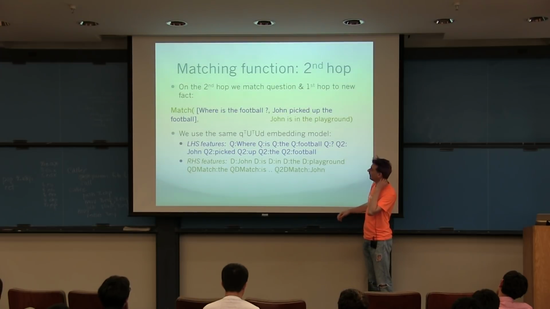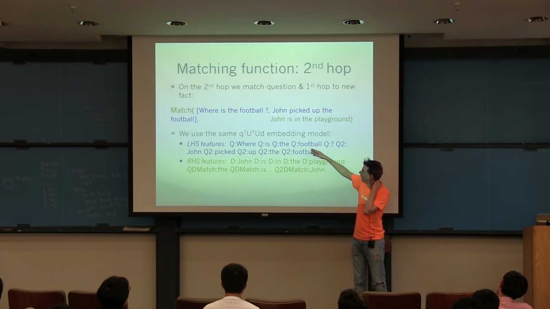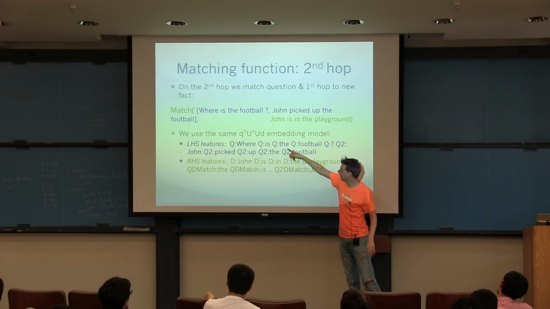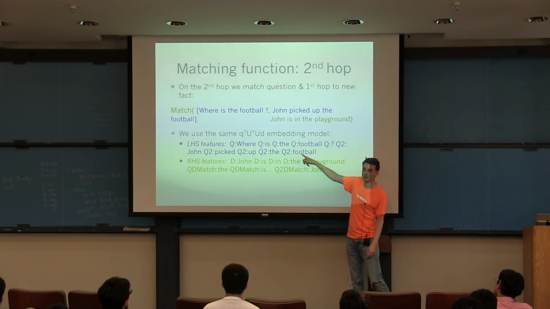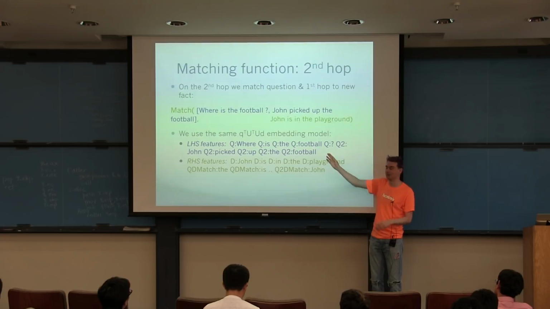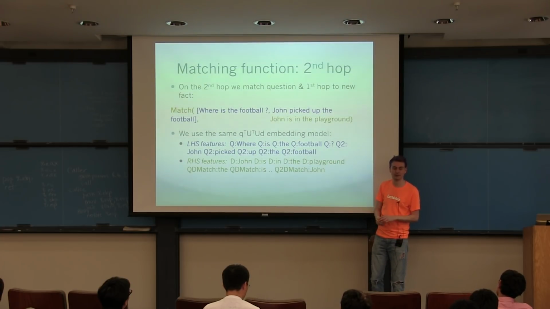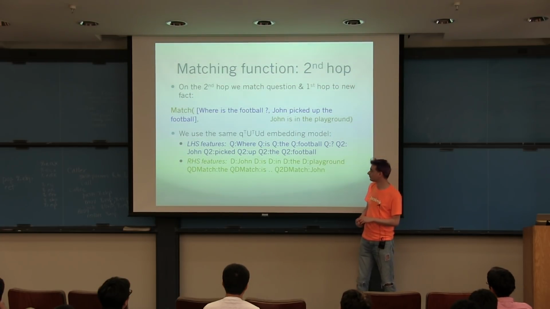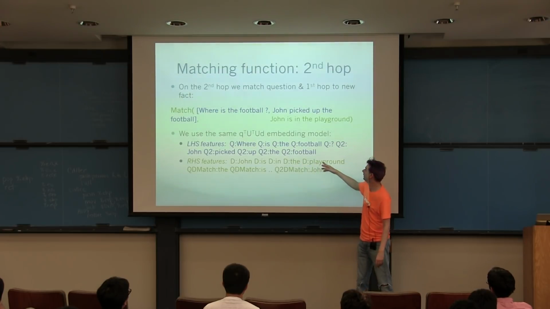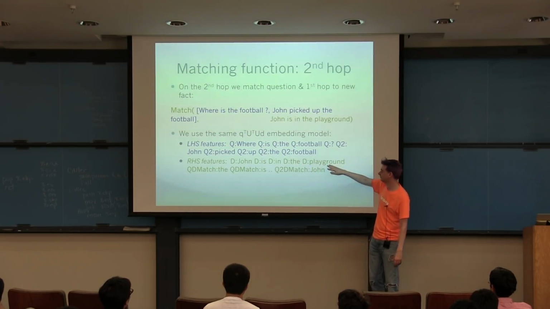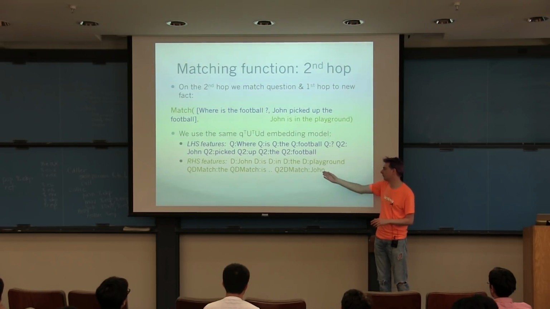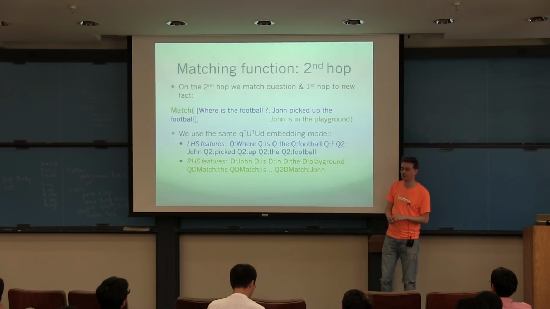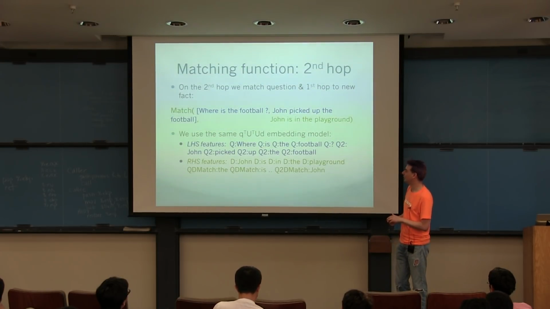So now the left-hand side features are both the Q words from the question and these Q2 words from the first supporting fact. That's why we have these three dictionaries. And then the right-hand side features are still D, wherever John is in the playground, and possibly still these Q2D match or QD match features as well, although those are more optional.